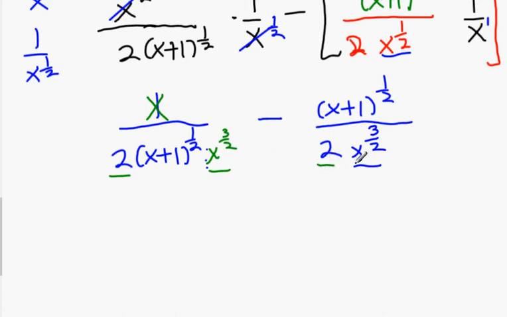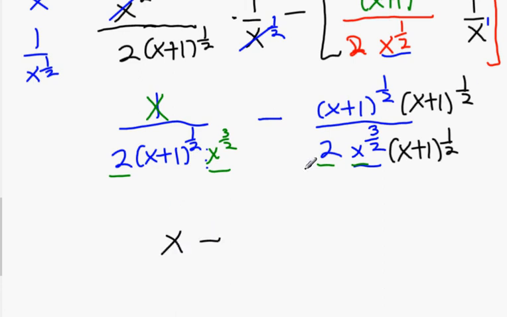This one here is lacking what? It's lacking x plus 1 to the power of a half, and this one on top, x plus 1 to the power of a half. Now we're going to get x minus, what's this going to be? X plus 1, means I made a mistake in the first one.